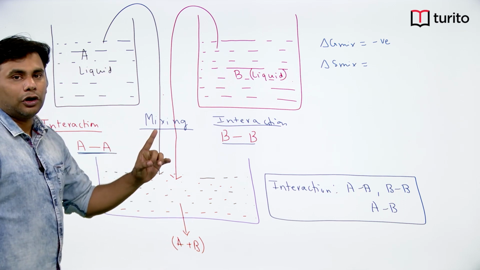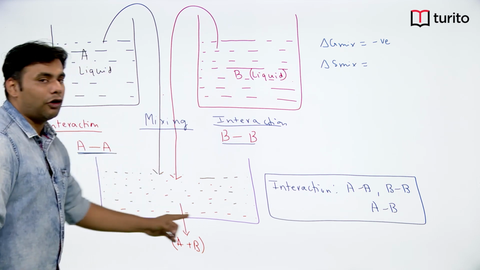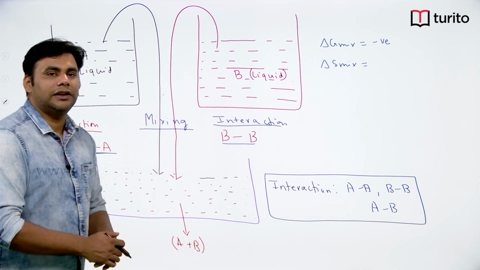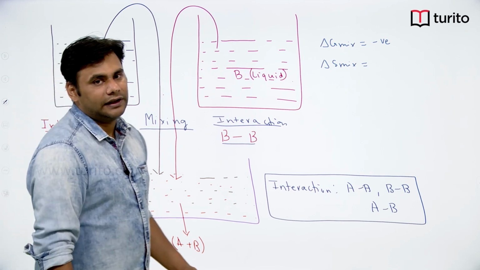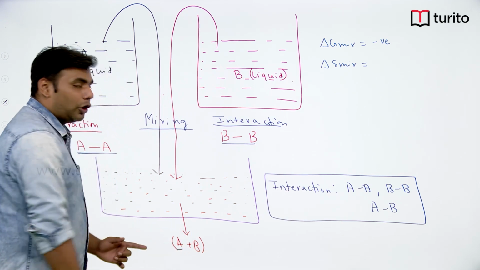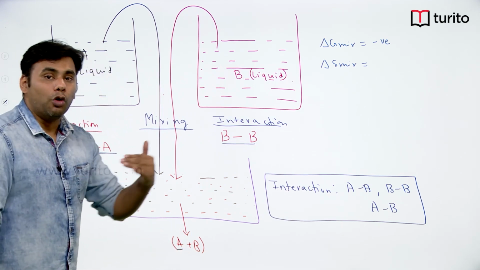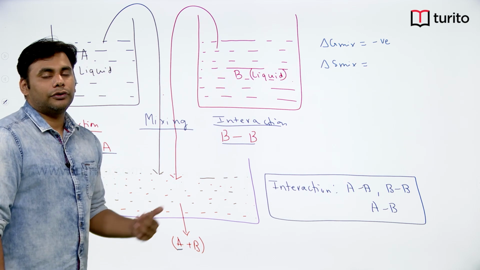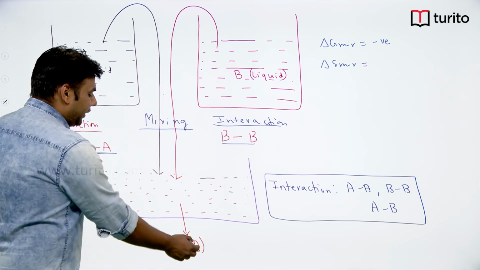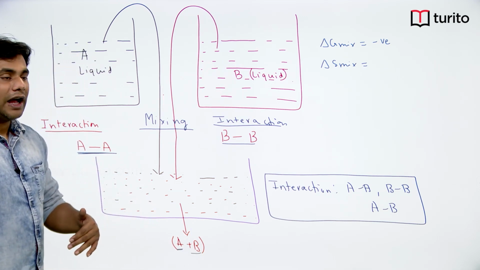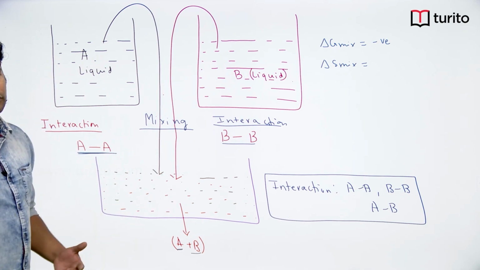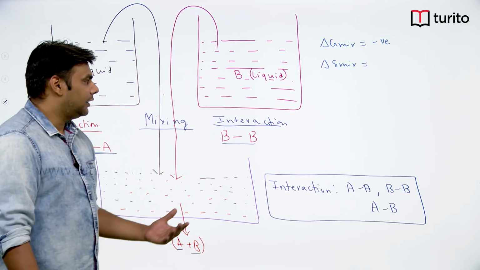One A molecule will have a larger volume to move because the overall volume has increased, so it will have more free space to move and the randomness would increase. Similarly, for the other molecule B, it would have more volume or more free space to move, so it will also have a greater degree of randomness.